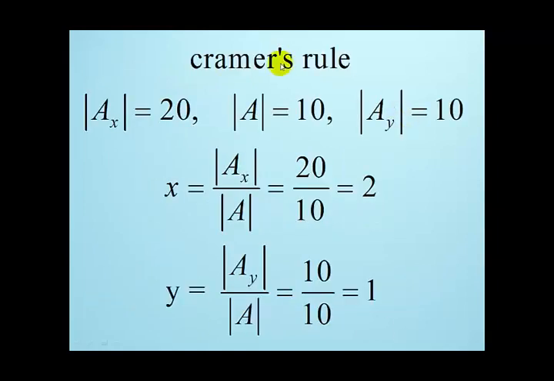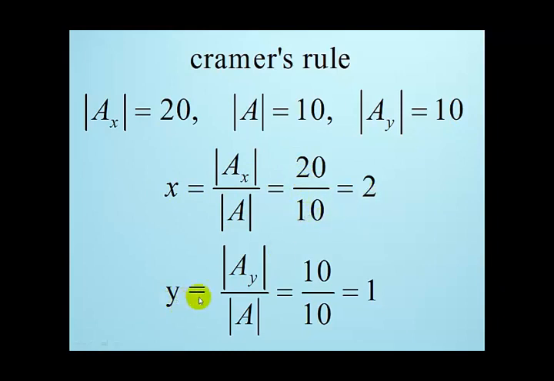Now using Cramer's rule, after our calculation, we have the determinant of AX to be 20, the determinant of A to be 10, and the determinant of AY to be 10. So X equals the determinant of AX over the determinant of A, which is 20 over 10. The answer is 2.